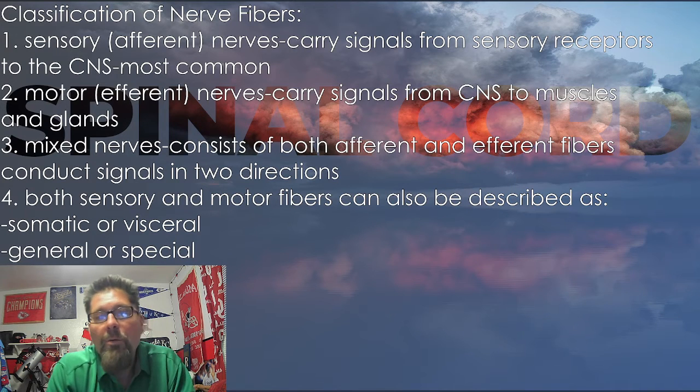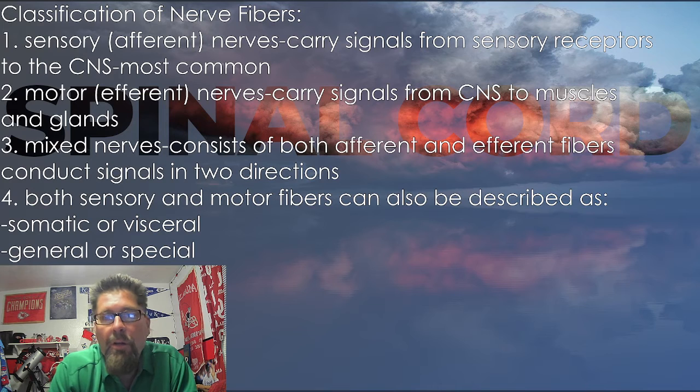All right, so this screen here is all review, but I just wanted to remind you of these words from nervous tissue. The idea of sensory or afferent: these are nerves that are taking the signal away from the sensory receptors.